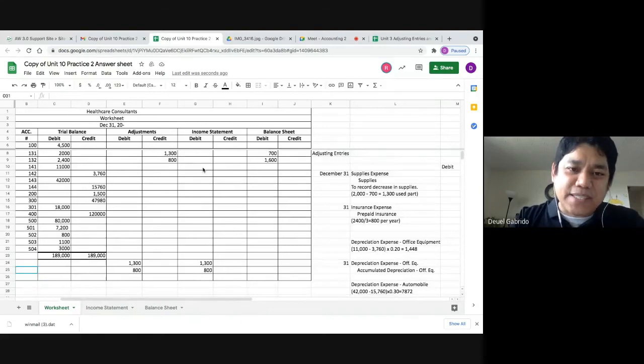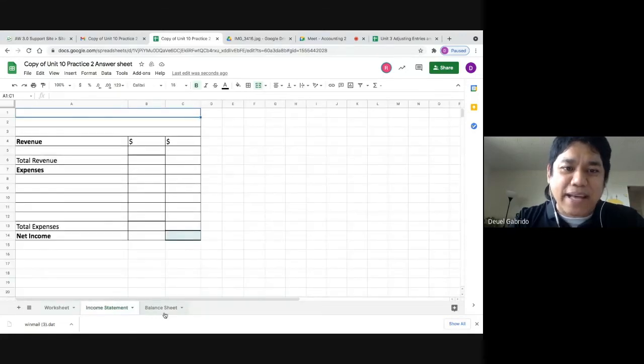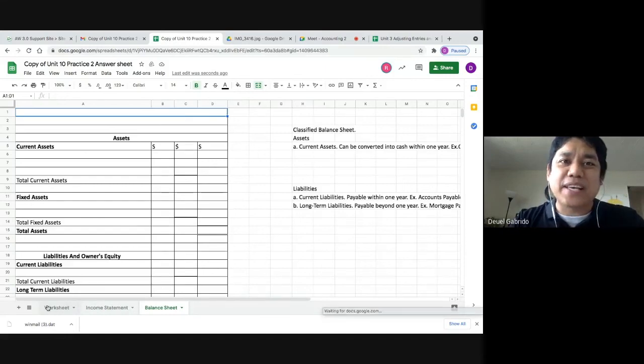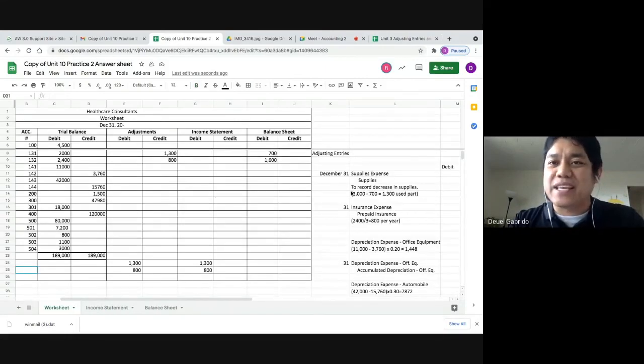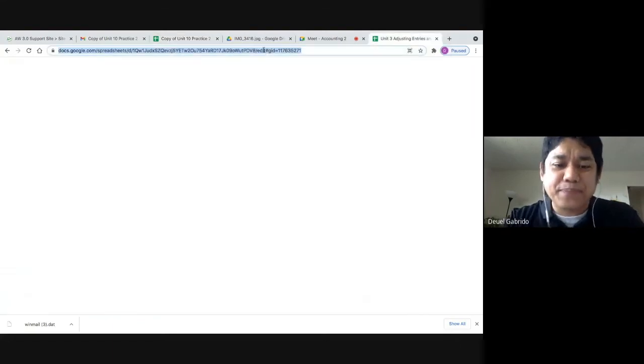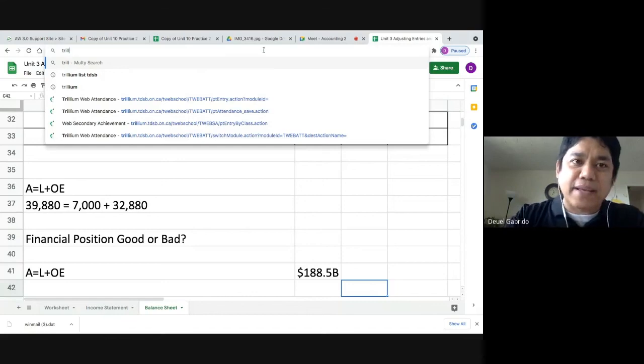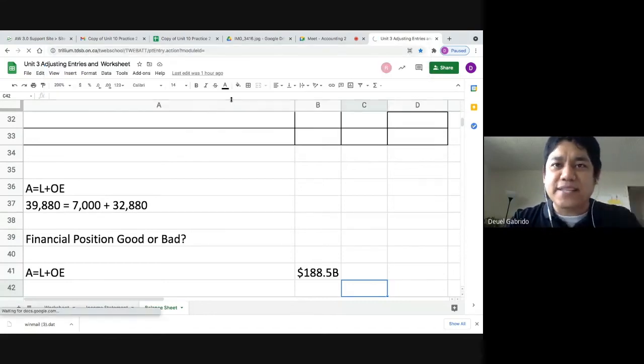Complete the income statement. Complete the balance sheet. Just try, okay? So when we see each other again, we will be able to see if you guys are really learning. Is that fine for you? Sounds good. So finish that one, and probably we will take that up again when we see each other. So let me just quickly check the attendance, okay?